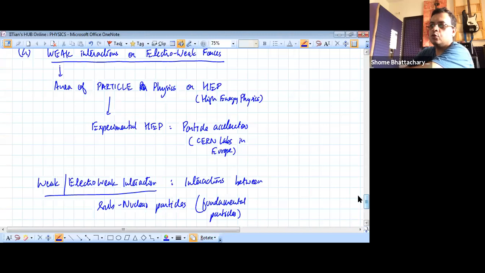Okay, so as you know, no particle can actually achieve the speed of light, but given a very high amount of energy, they can be accelerated to something very close to the speed of light. And at that kind of very high velocity, if they are smashed against each other, if they are made to collide against each other, then that collision results in the production of more subatomic particles, so subnuclear particles. And that is how these fundamental particles of physics are discovered.